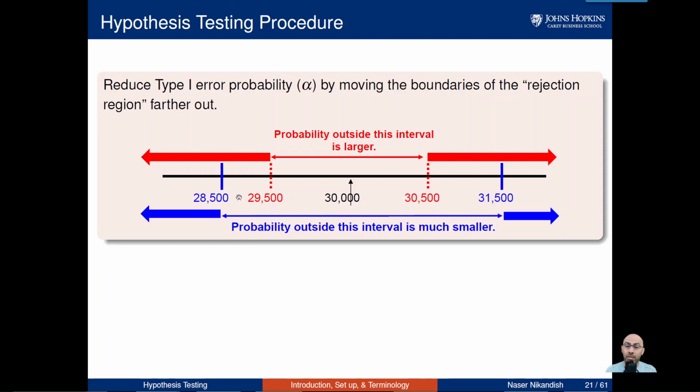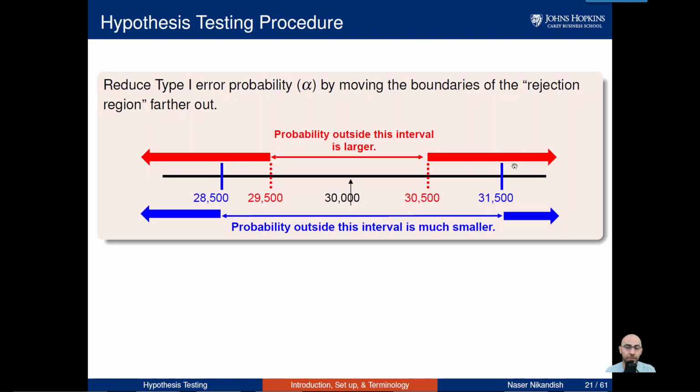Meaning it falls in the rejection region. Now, which one of these two has smaller probability of type 1 error? Well, if, for example, I collect a sample, mu is exactly 30,000, I collect a sample, and X bar becomes 29,000. All right, remember, 29,000 exact.